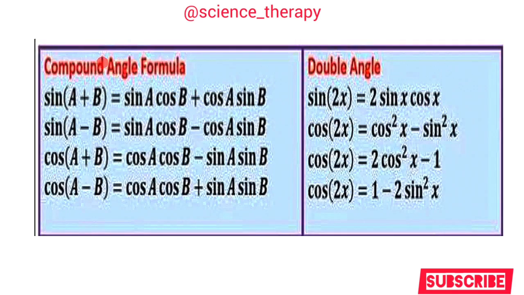Now, looking at this one, we were given sine x plus 30 degrees, which corresponds to the first one here, where we have a plus b, and here x plus 30. So this one would have to expand to the one that we have on the right hand side, and that will be no problem for us, because we are working with a special angle, 30 degrees.